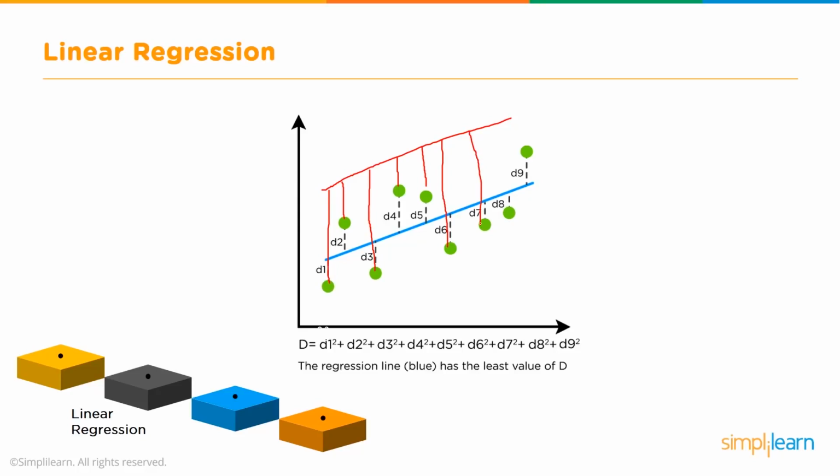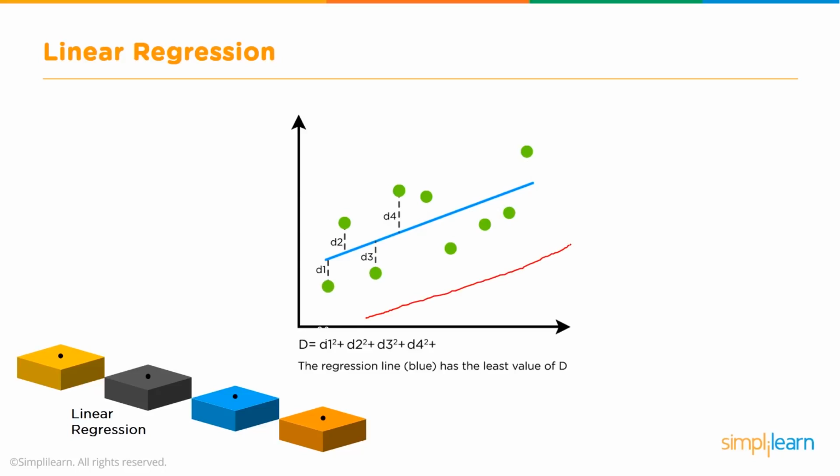So in this case, the model will not be able to give us a good prediction. Let's say we draw another regression line here like this. Even in this case, you can see that the perpendicular distance of the data points from the line is very high. So the error value will still come as high as the last one. So this model will also not be able to give us a good prediction. So what to do?